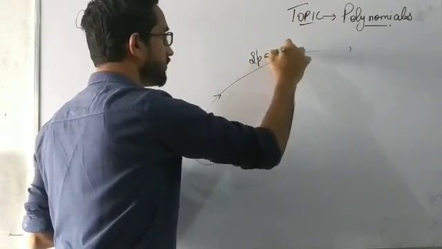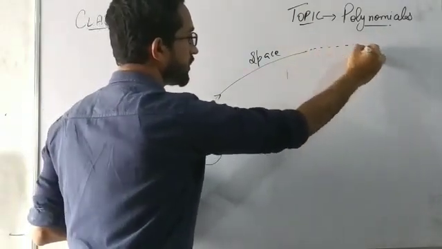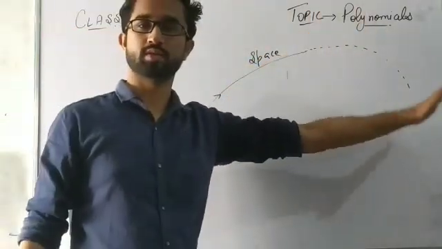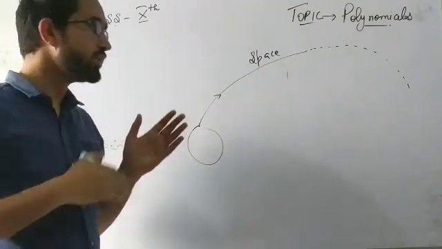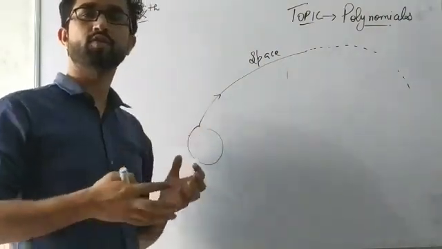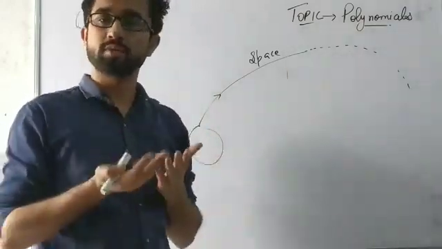Now this satellite will be covering some path like this. Have you ever wondered how they calculate where this spacecraft or satellite will go and in how much time they will go?